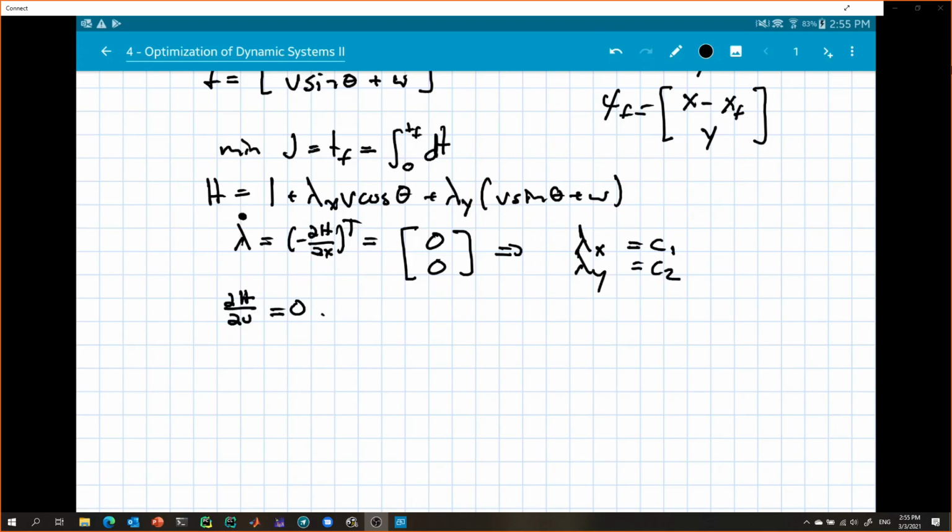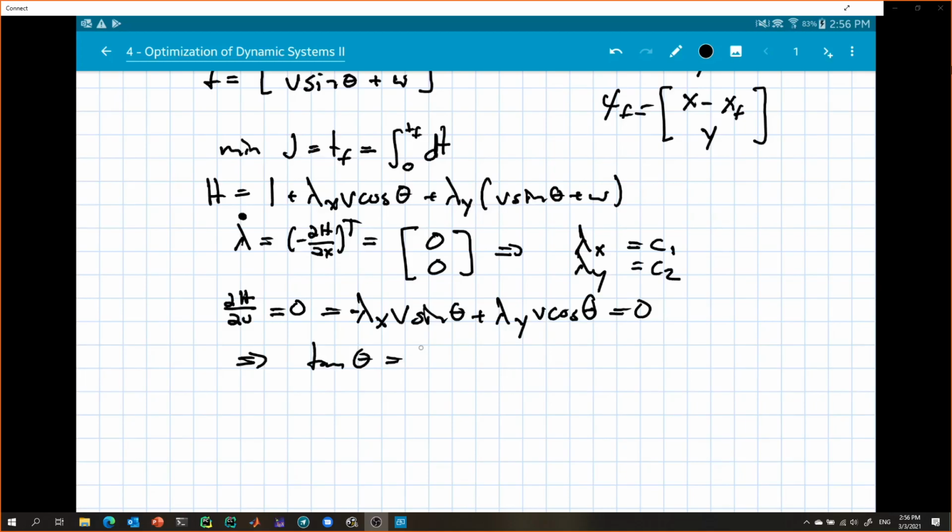So this is equal to lambda x V, so negative sine of theta, plus, we do the same thing, lambda y V cosine theta, and that's equal to 0. We want to solve for theta, so we move this to that side and divide.